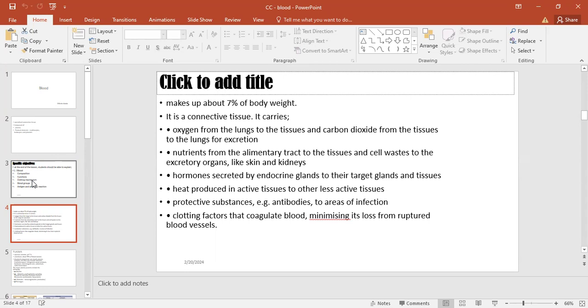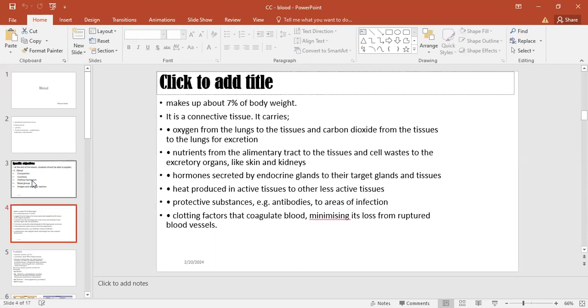So it will carry oxygen from the lungs to the tissues, carbon dioxide from the tissues to the lungs, nutrients from the GIT to all body parts, and waste products from all body parts to where they are supposed to be excreted. Hormones go from endocrine glands to the organs or glands they are targeting.